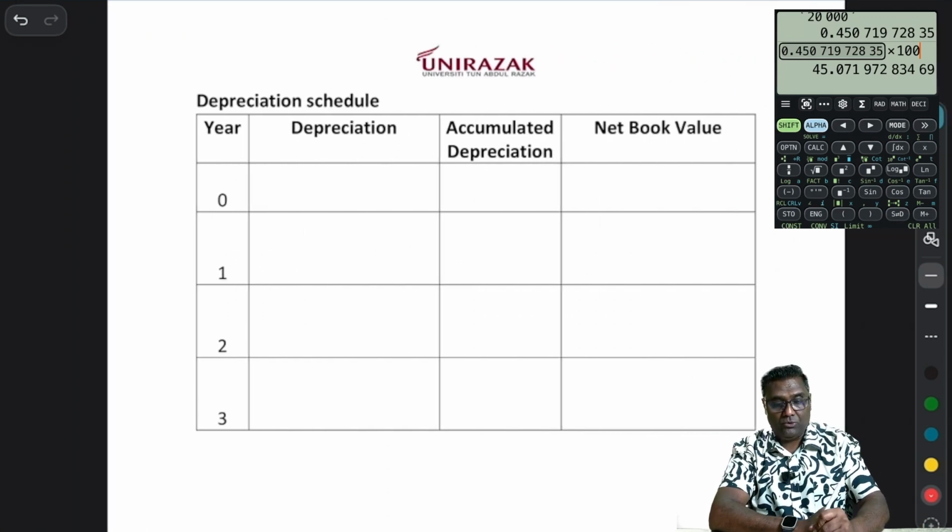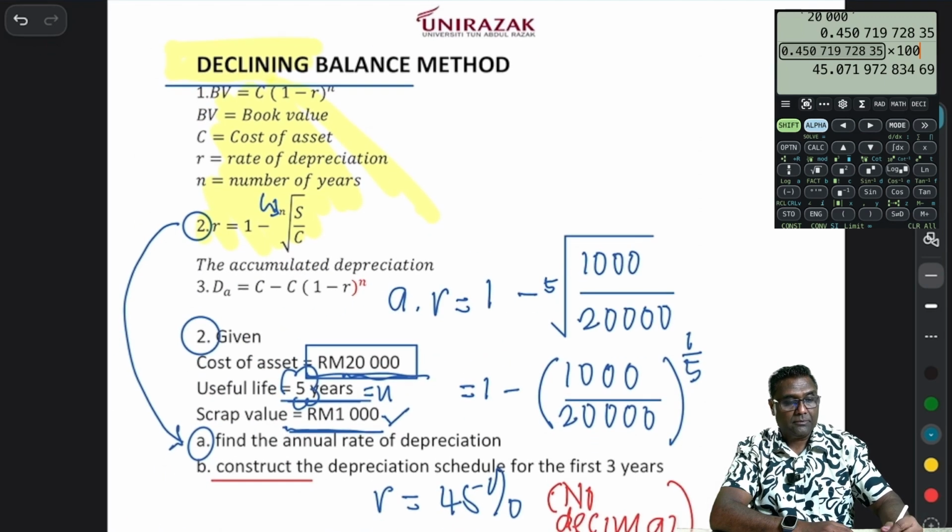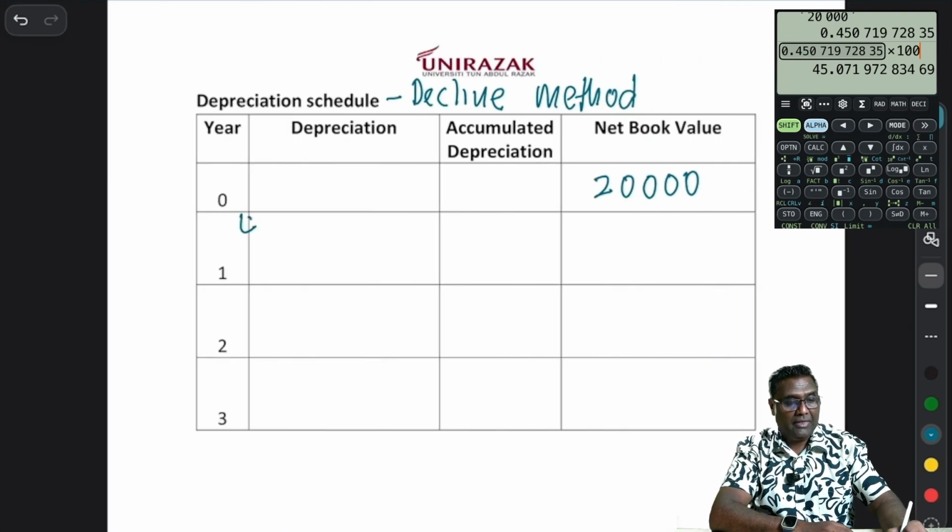I'm going to teach you how to construct a depreciation schedule using the declining method. Okay, let me start with the first year. The cost of it was 20,000, correct? And the rate now is 45%. So I'm just going to take 45% of 20,000.